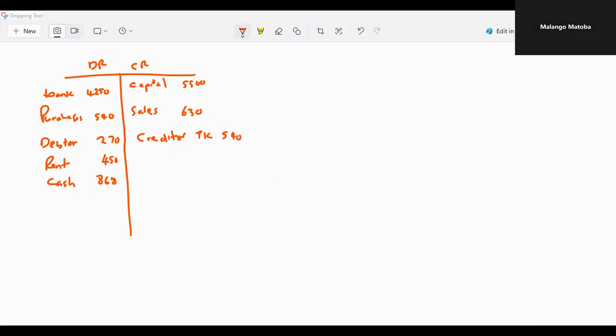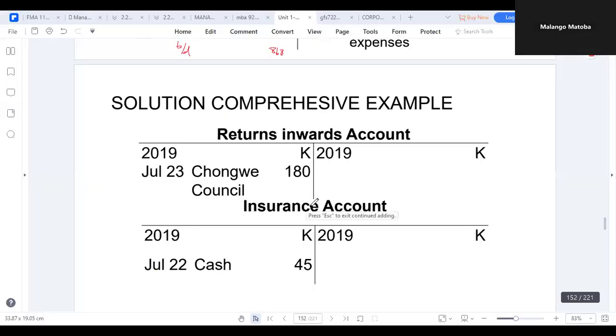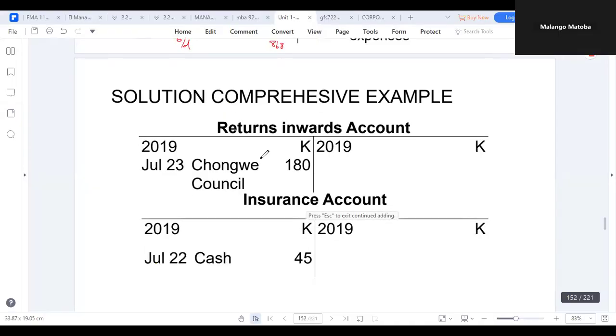So we're looking at the comprehensive statement here. We have 180 as our returns inwards, so we'll just put 180 on the debit side.